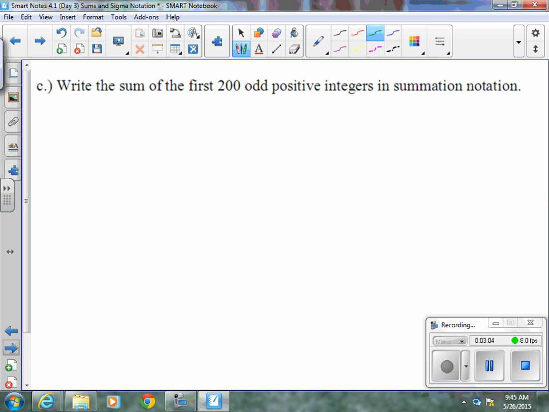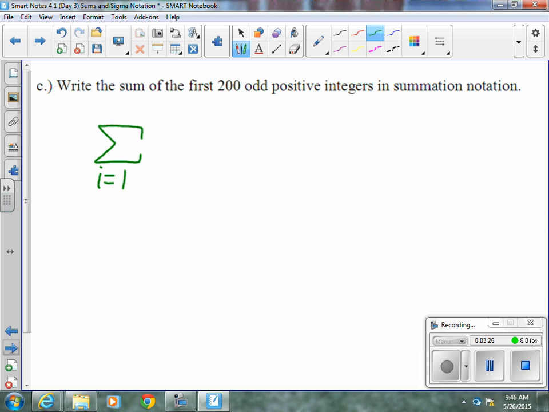Now, on this next one, write the sum of the first 200 odd positive integers in summation notation. So, unfortunately, summation notation makes us do integers.